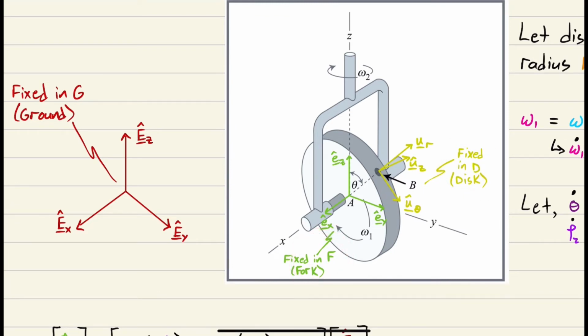It's either doing a positive 3 rotation about UZ, so it's omega 1 UZ, or the disk is still rotating in this direction, so this is a negative 1 rotation, negative EX. So that will be negative omega 1 EX. We're going to keep it positive, and we're going to say it's omega 1 UZ.